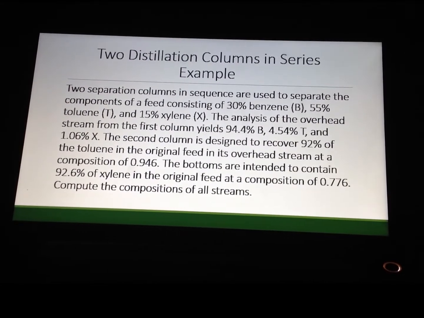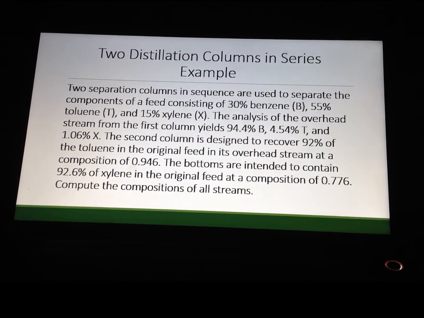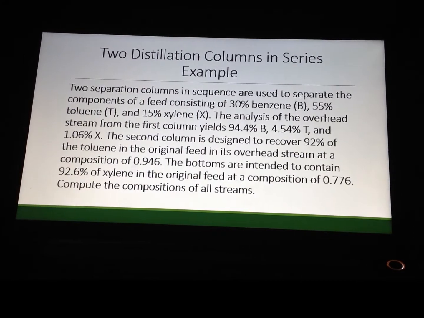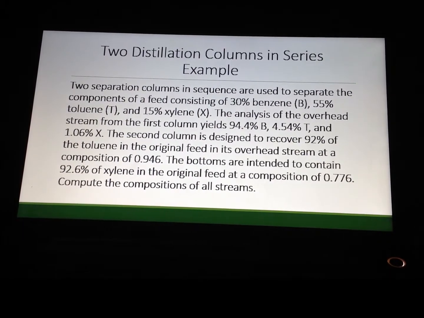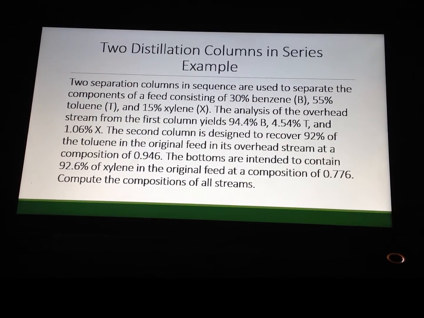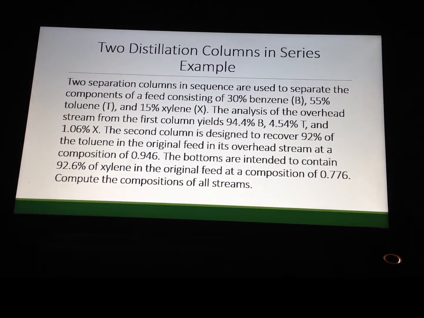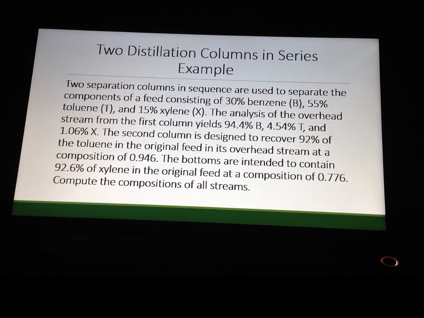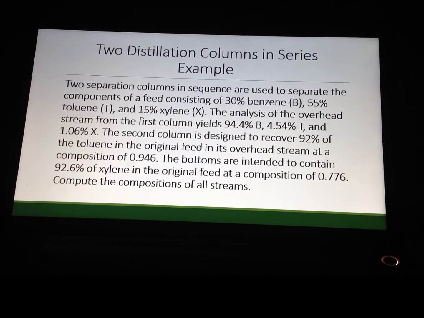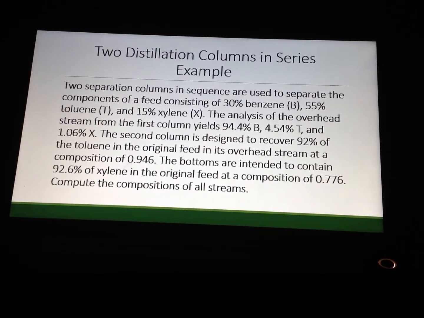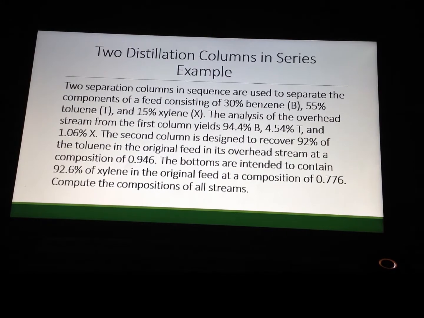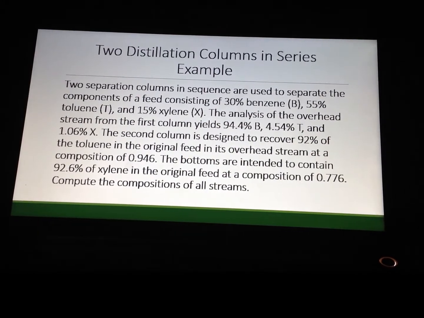The second column is designed to recover 92% of the toluene in the original feed in its overhead stream at a composition of 0.946. The bottoms are intended to contain 92.6% of the xylene in the original feed at a composition of 0.776. Here we are interested in computing the composition of all streams. So these are the steps that we will follow to find our solution.